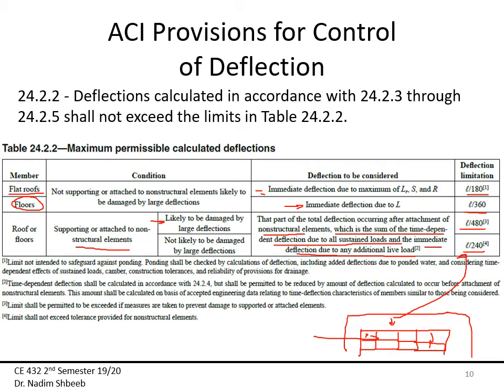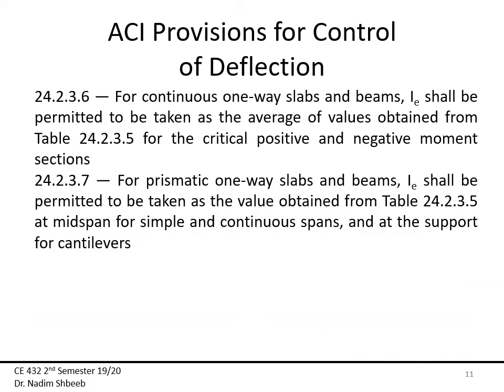Now, if they cannot handle the deflection or they are not strong enough, these partitions, then the maximum deflection allowed is L over 480. Okay, so these are the limitations set if I'm calculating the immediate deflections.